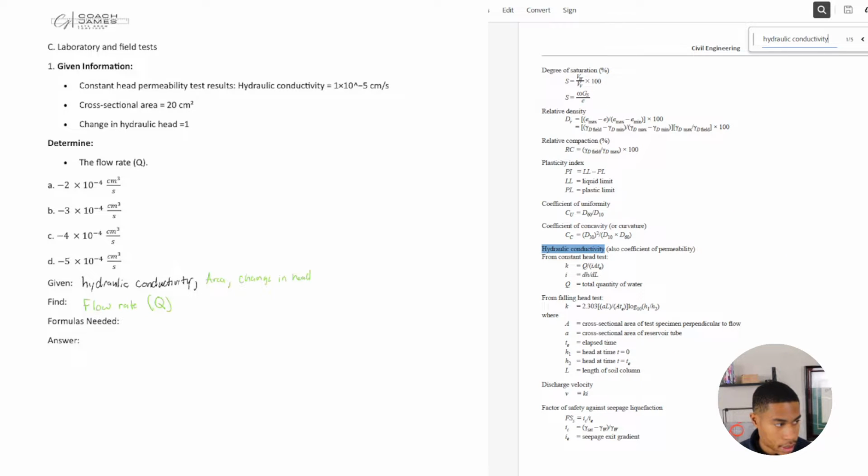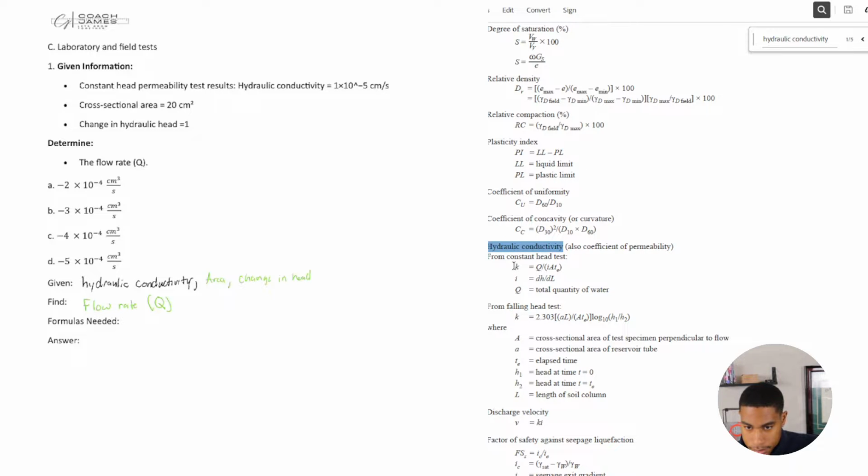All right, so hydraulic conductivity here is going to be K, which equals Q. Q is the total quantity of water. Don't know what units those are. I is going to be change in head over change in length. We are not given the length of the soil column.